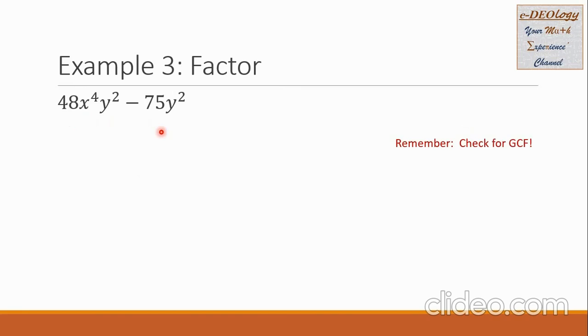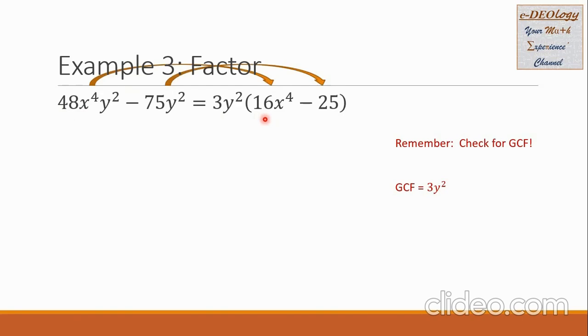But remember, we can check for the greatest common factor of each term. I found out that the GCF is 3y squared. So if I pull out that greatest common factor, this first term here will become 16x raised to 4, while the 75y squared will be 25.